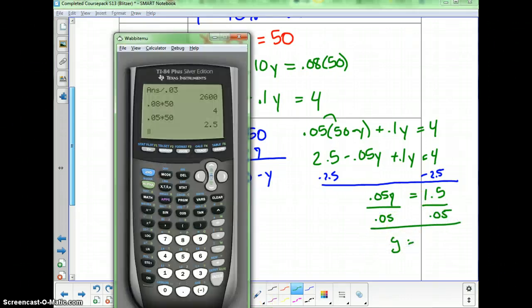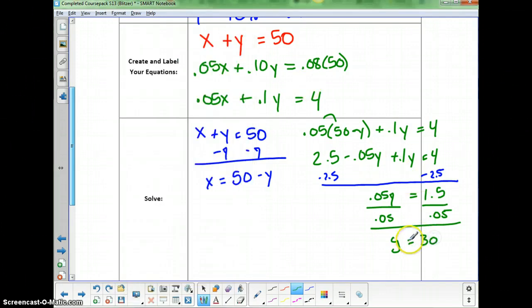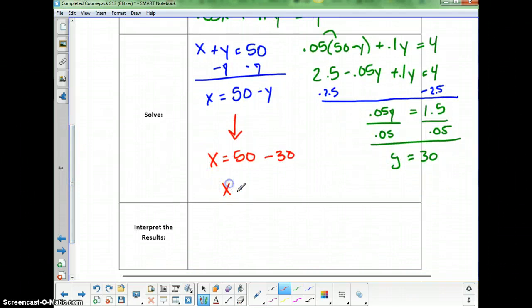So the value for y is 1.5 divided by 0.05, or 30. Alright, y is 30. Let's find out what x was again. So remember that x is 50 minus y, which was 30, going to give us a value for x of 20.